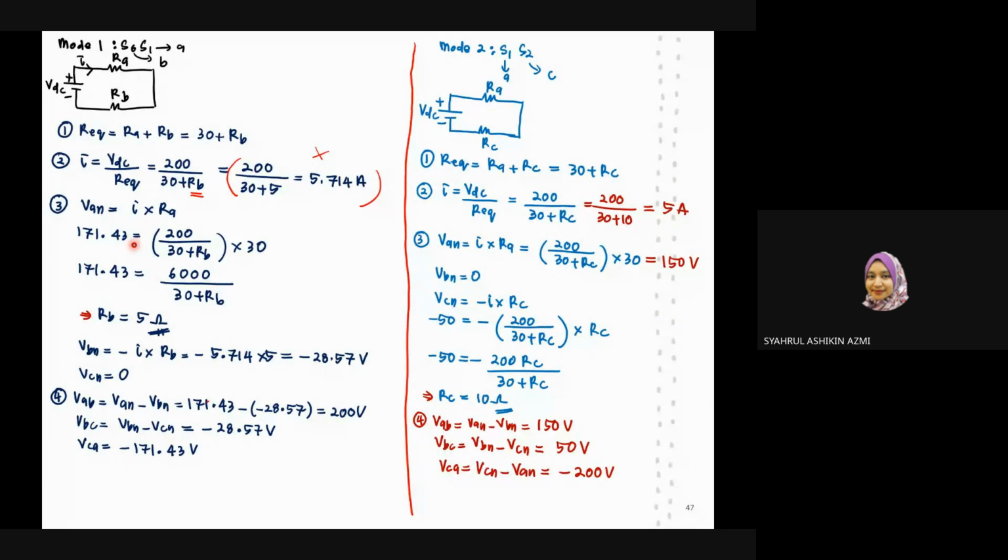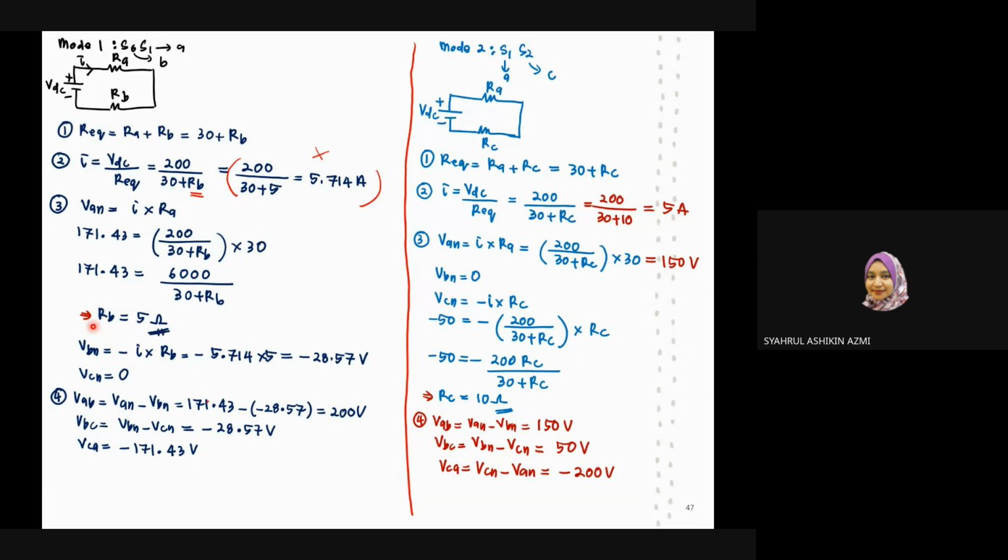It will be equal to I, which is 200 divided by 30 plus RB, multiplied by RA, which is given in the question as 30. Since you substitute all the values, the unknown will be RB, so you can solve for RB. The RB you will get is equal to 5 ohm.